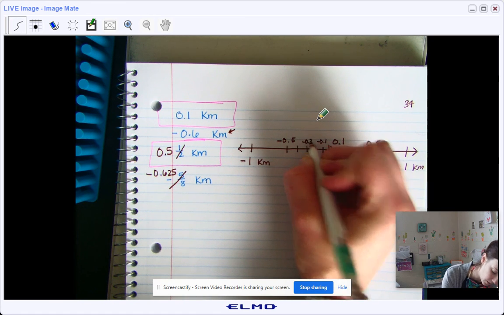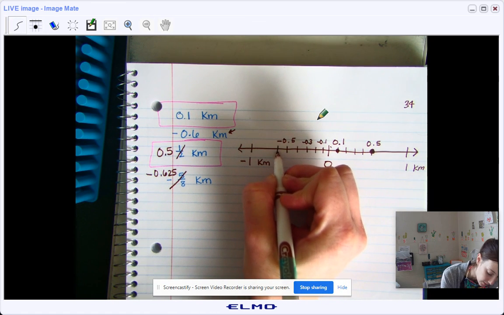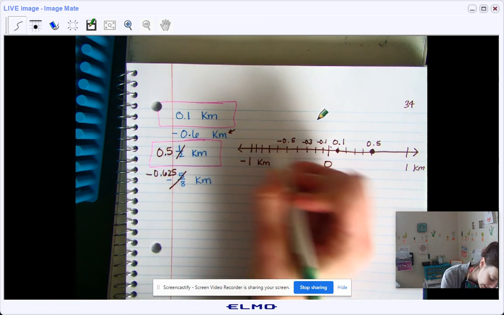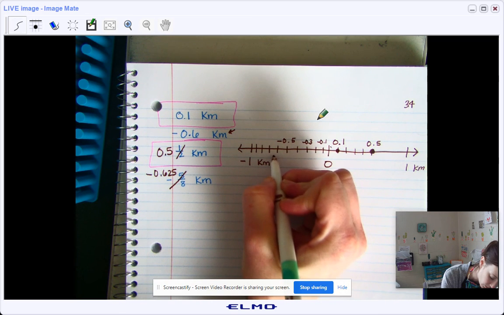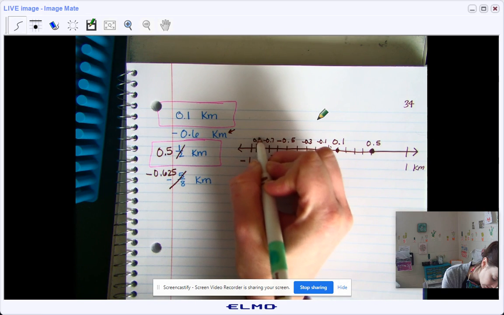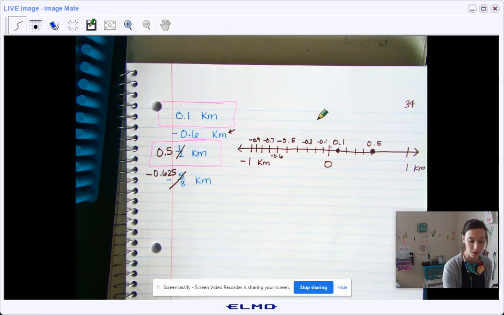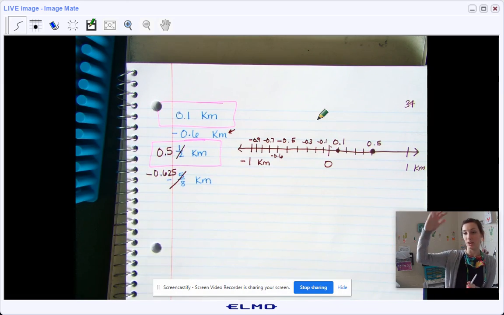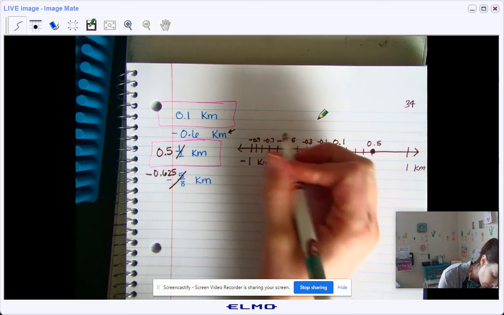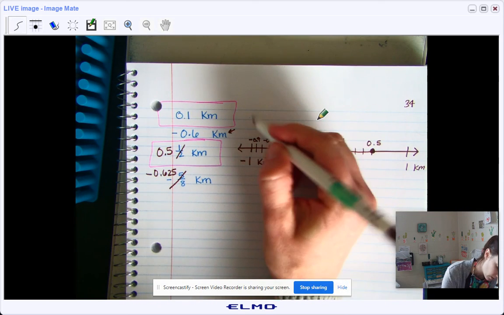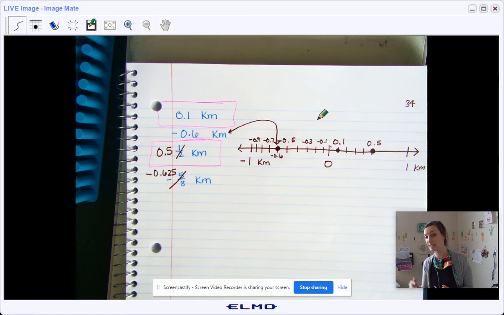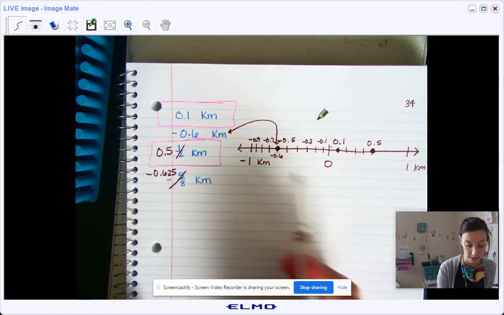I don't have room to write them all, so I'm going to write every other. Negative 6/10, negative 7/10, negative 8/10, negative 9/10. So there's my negative 6/10, and then negative 1 whole kilometer below sea level. So negative 6/10 is right here. Okay, so we've got this one right here. Right now, he's the lowest, or she's the lowest.